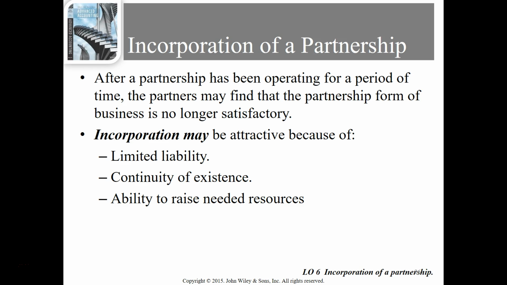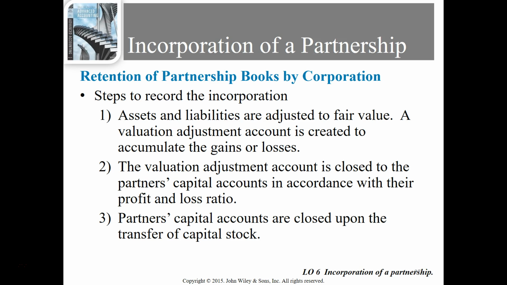Another way we can get rid of a partnership is to incorporate. Partners may feel that incorporation is better: limited liability, continues to exist in perpetuity, and you're able to raise additional resources as needed. So when we want to record the incorporation, all the assets and liabilities of the partnership are adjusted to fair value.